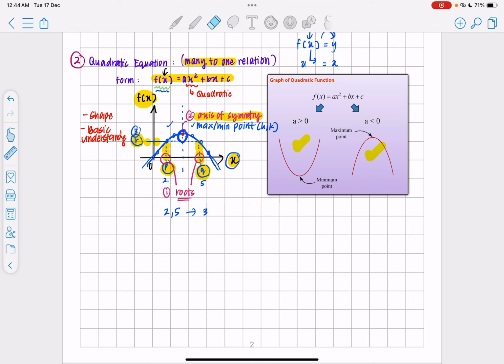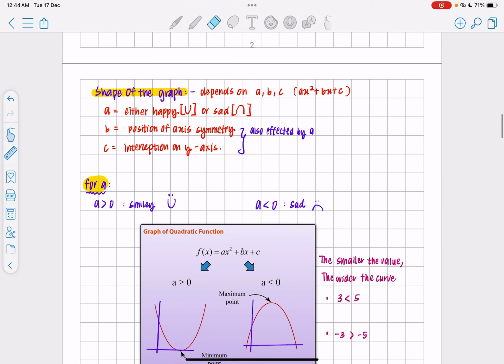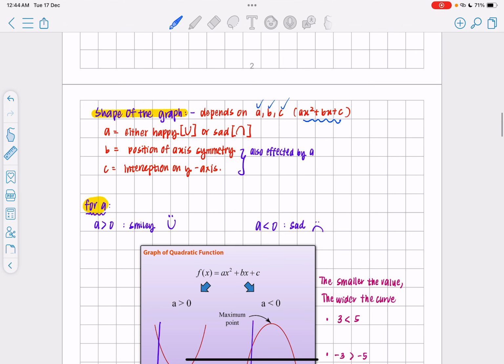Right now, kita akan moving on to the next part, which is kita akan determine shape of the graph. Basically, shape of the graph ni akan based on value of A and value of B and C. This whole chapter, you kena berpegang pada these equations, okay? AX square plus BX plus C. You kena ingat-ingat. Okay, untuk shape A, value A ni, tak kisah any number, positive or negative.